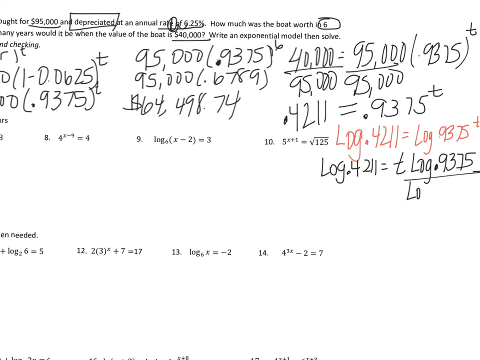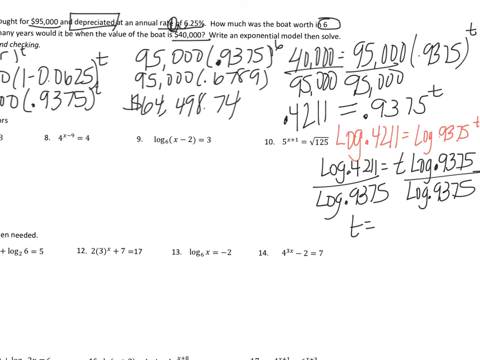So we'll divide by the log of 0.9375. What happened to this t? The t came in front because of my power property. So divided by the log of 0.9375. And the nice thing about this is it sets up our calculator for us already.